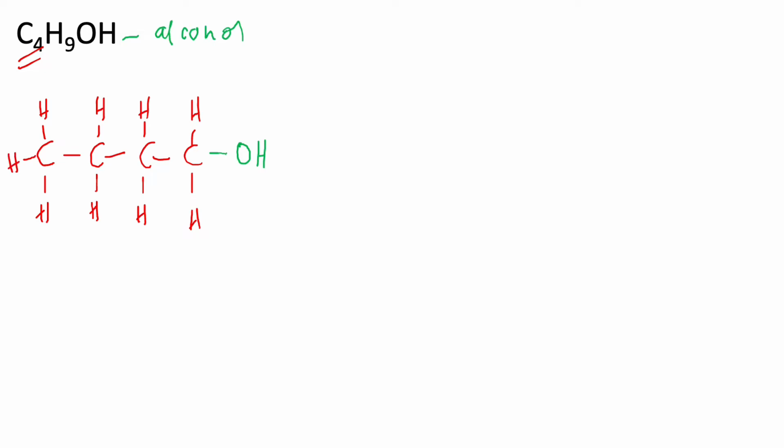Alright, so here we have 4 carbon with OH. Okay, so now I'm focusing only on chain isomerism. Since we have here 4 carbon, so the next one I want to make it 3 carbon. 1, 2, 3.